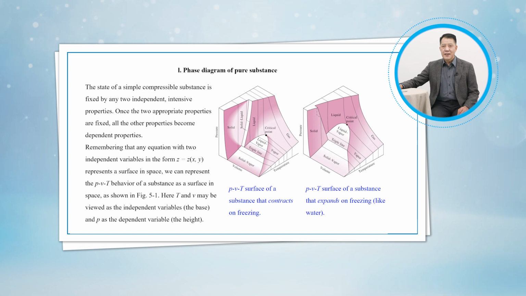The single-phase regions appear as curved surfaces on the PVT surface, and the two-phase regions as surfaces perpendicular to the PT plane. This is expected since the projections of two-phase regions on the PT plane are lines.